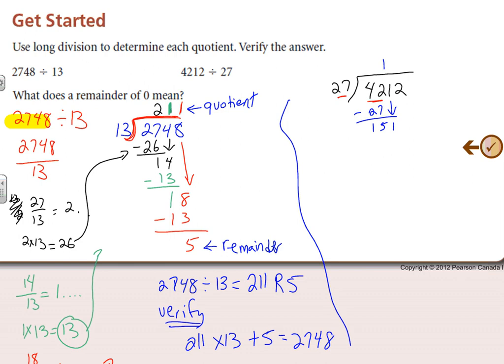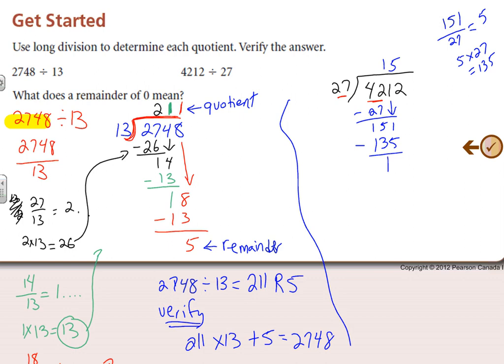Now we're saying, how many times does 27 go into 151? Closest to 5 times, so 5 goes up. Then 5 times 27 gives us 135. 5 goes underneath. Subtract again.